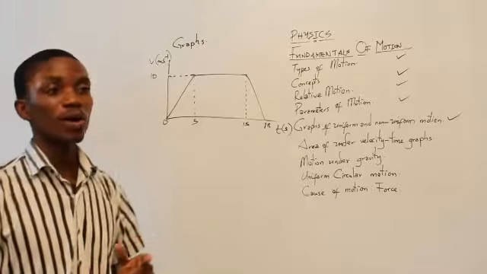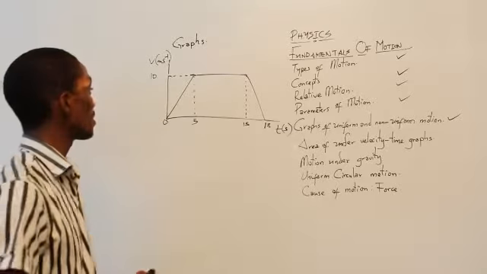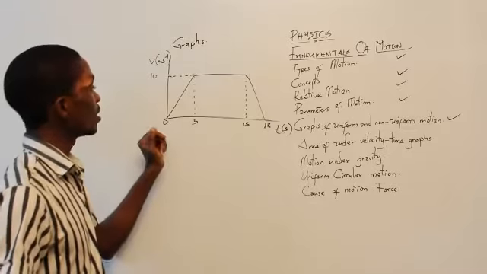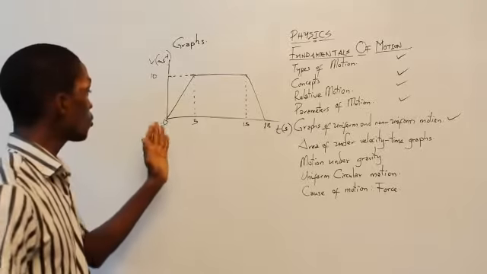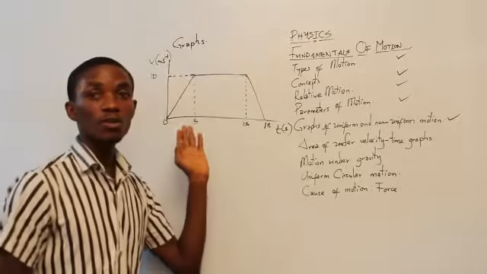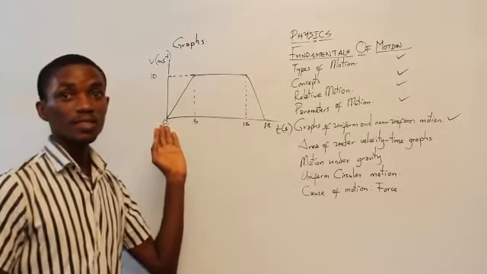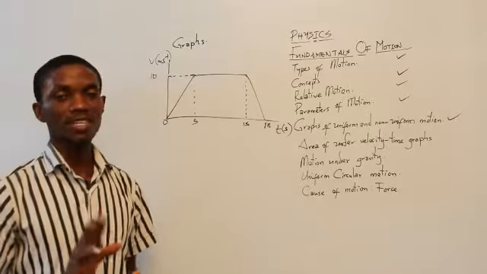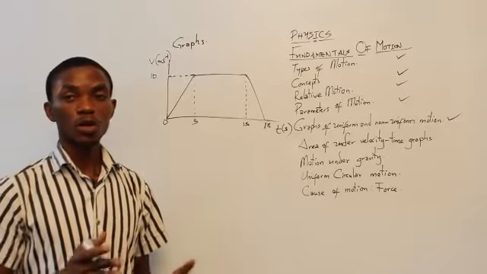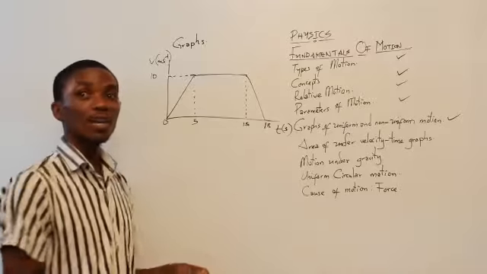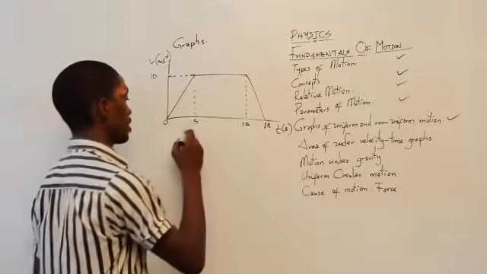The first question I'm drawing out of this is, what is the acceleration required by this vehicle to travel from rest to 10 meters per second in 5 seconds? Of course, that's quite easy. All we need to do is to remember the formula for calculating acceleration.